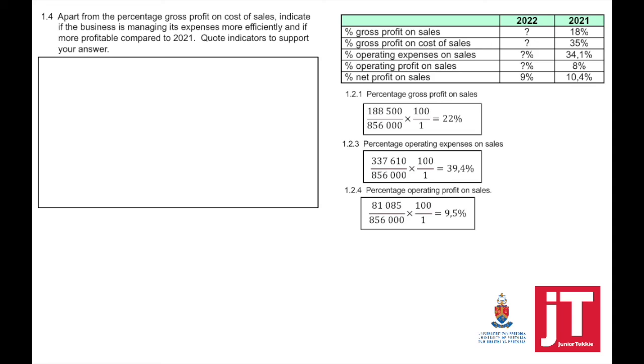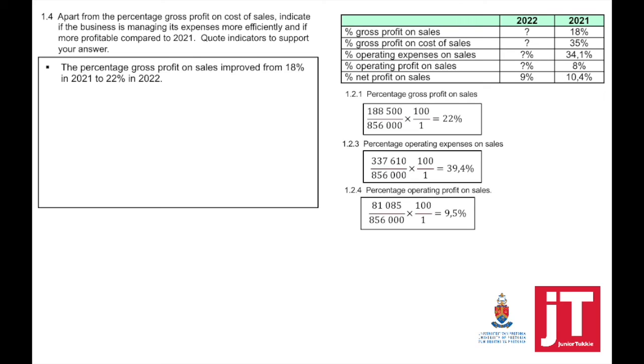Make sure that you use your answers which you've calculated in question 1.2.1, 3 and question number 4. Number 1, write the financial indicator. Number 2, quote the figures and indicate the trend. And then thirdly, provide a comment.